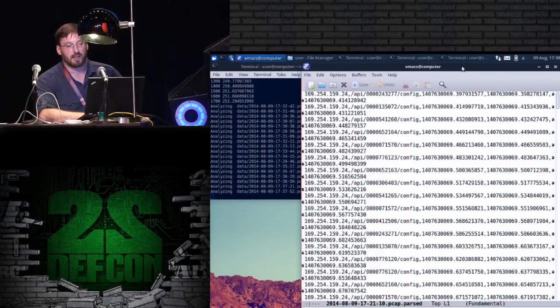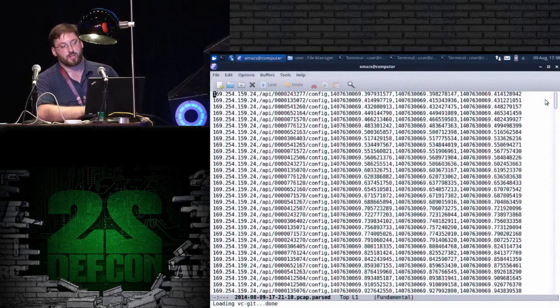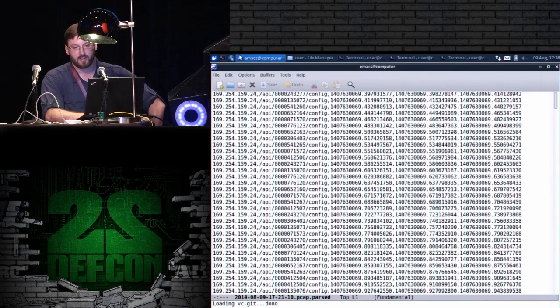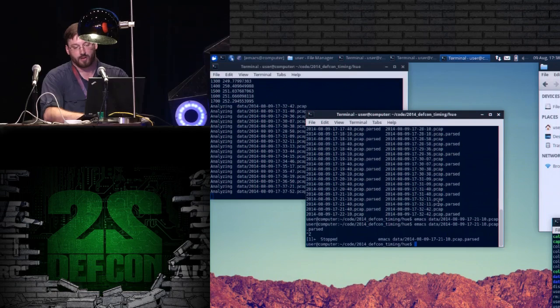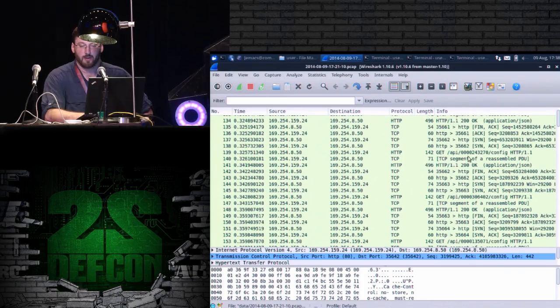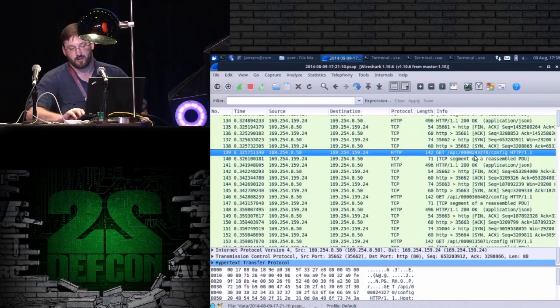This is what the data looks like after I've processed it. What these are showing is the relative differences in packet arrival times as we interrogate the unit. If we look at the raw data with Wireshark, we can see the conversation that I was telling you about with the device.